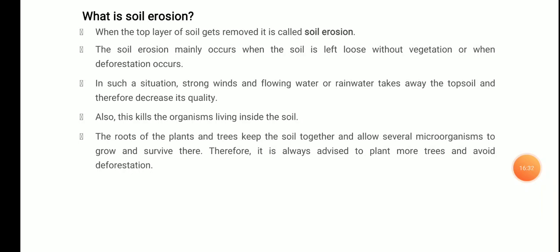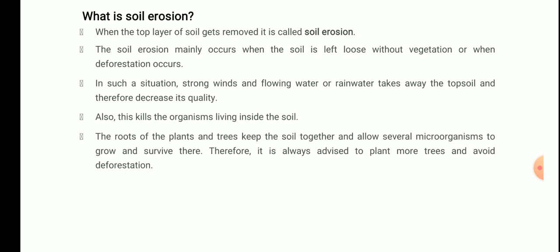Okay, so this is soil erosion. It is very important nowadays to prevent soil erosion, because as the population is increasing, the demand for food and crops is also increasing. So to keep a check on that, we also need to control soil erosion. That's why it is said that trees should not be cut, because I told you the reason for soil erosion.